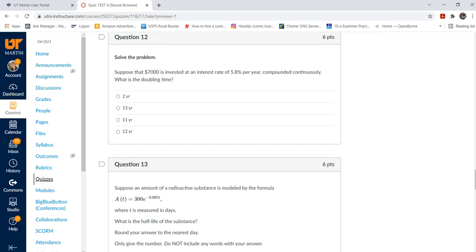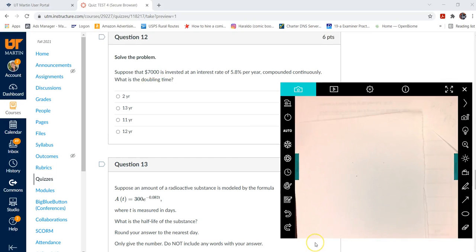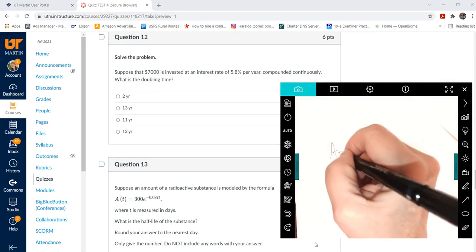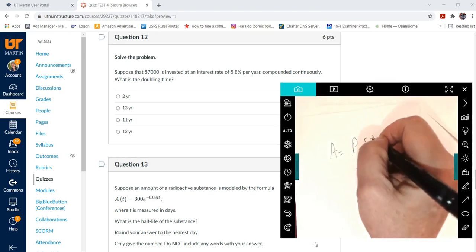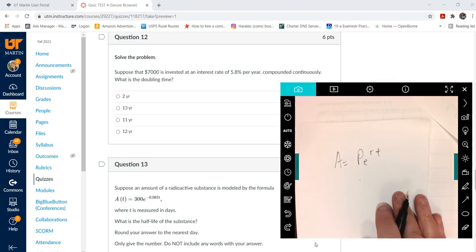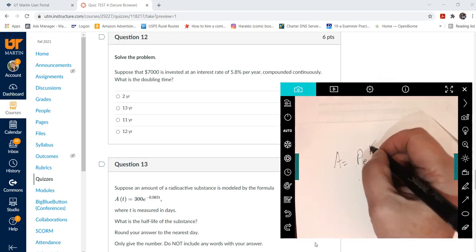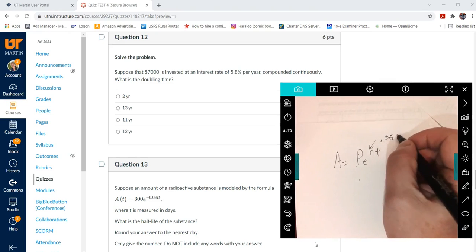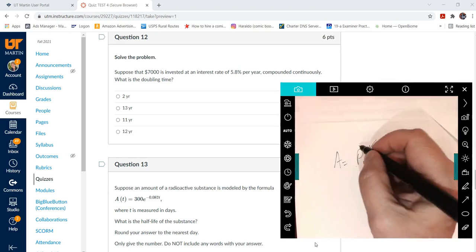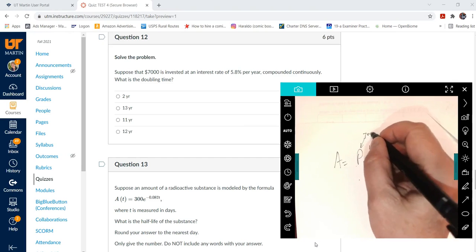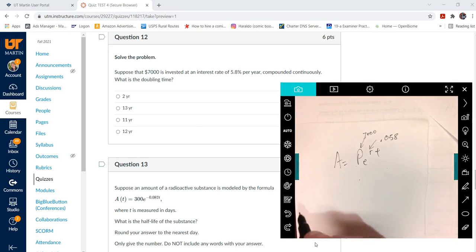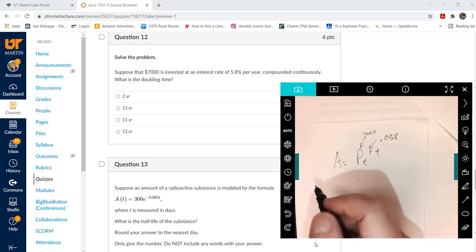We're told here that it's continuously compounded interest. Okay, so that's our formula. R is going to be 0.058, and 7,000 is what we start with. Okay, so what is the doubling time?